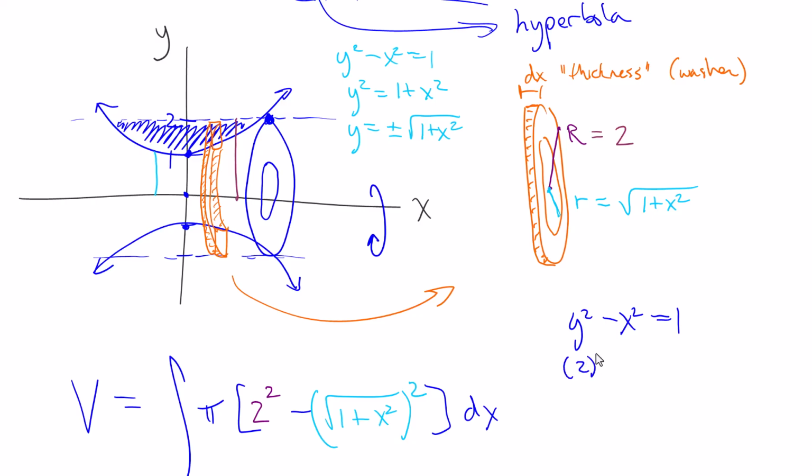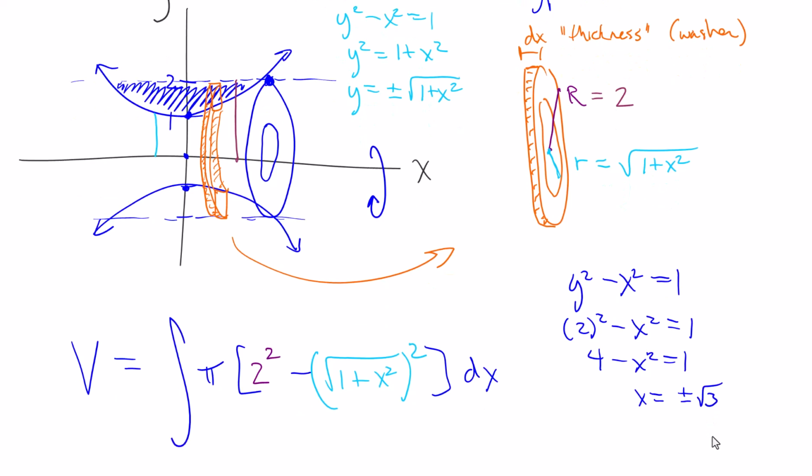Well, that means 2 squared minus x squared equals 1. 4 minus x squared is 1. x equals plus or minus square root of 3, if we just do some algebra there, which means that's the horizontal place where these curves meet. It'd be the left and right side, you could say, of our solid.